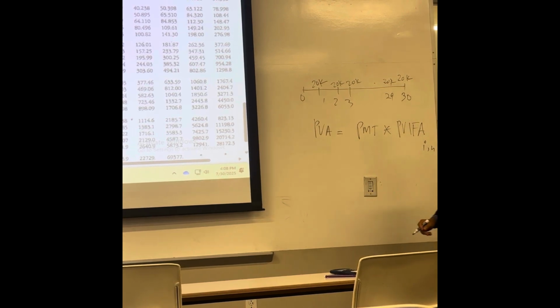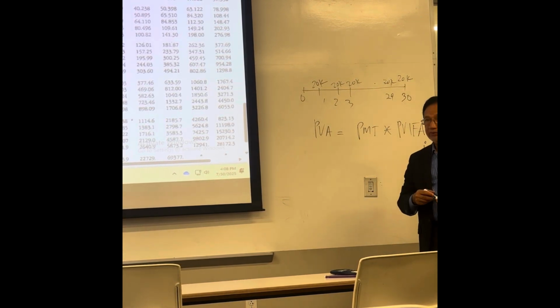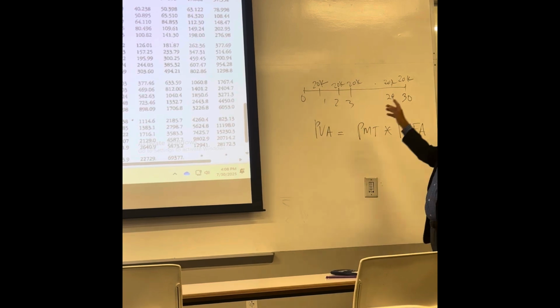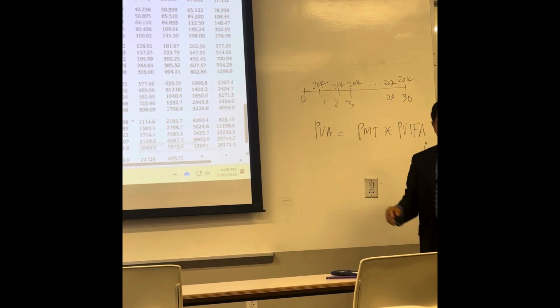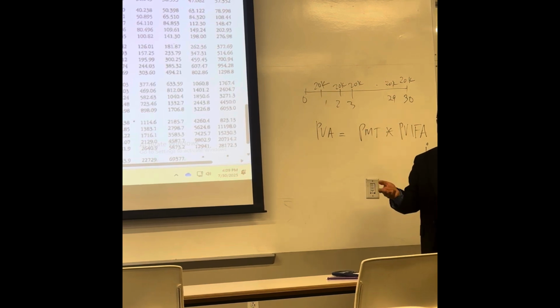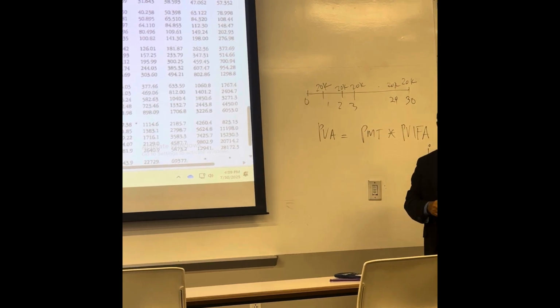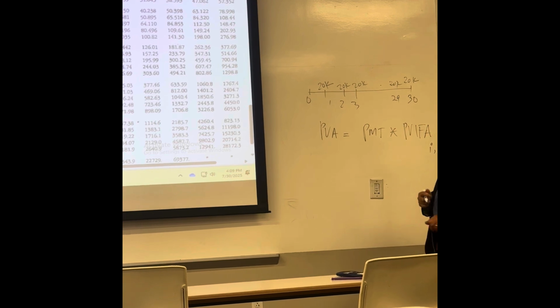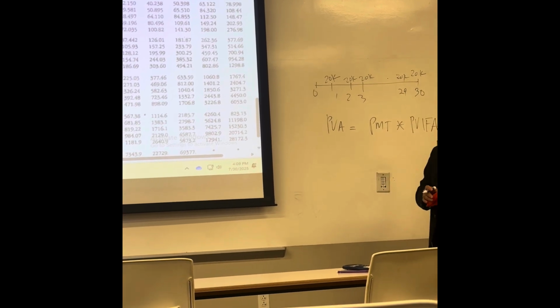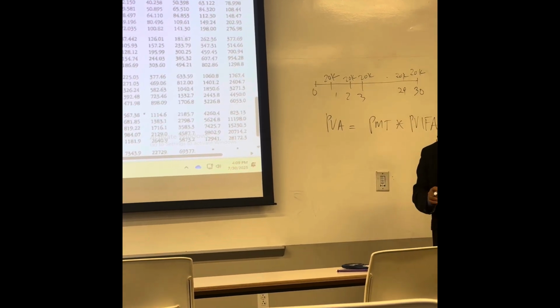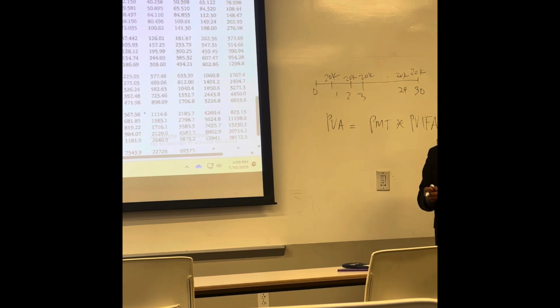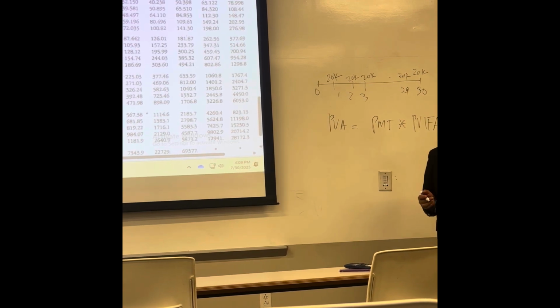As you know, usually with a lottery you have two options. One option is that you can wait until 30 years and collect the full amount. Or what's the other option? You get a lump sum. Suppose that you want to go for the lump sum. Now, how much money will you be happy with?